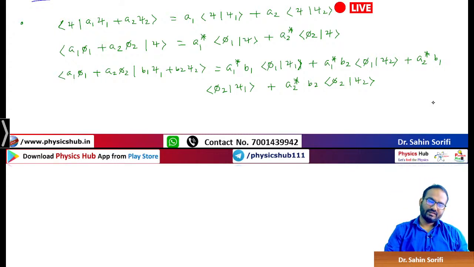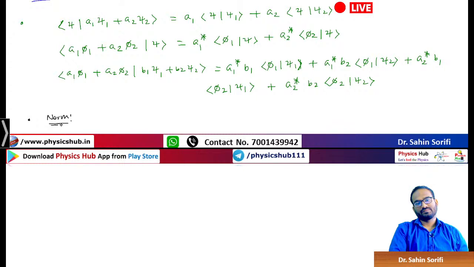Now with this bracket notation we can simplify many expressions. Let's say we are considering the norm. If you have a ket psi, the scalar product psi psi is called the norm.